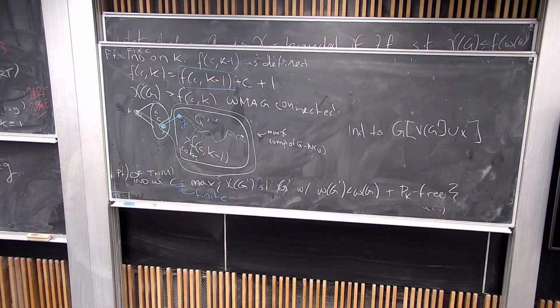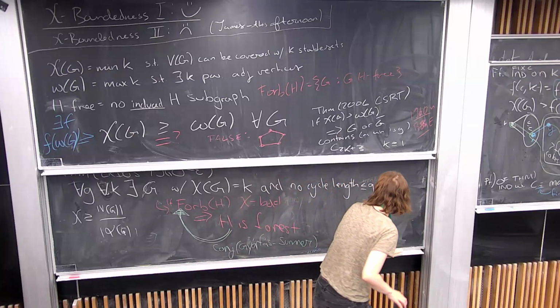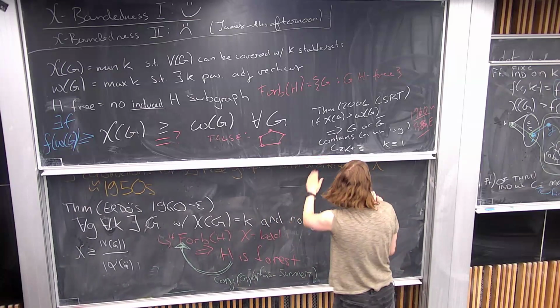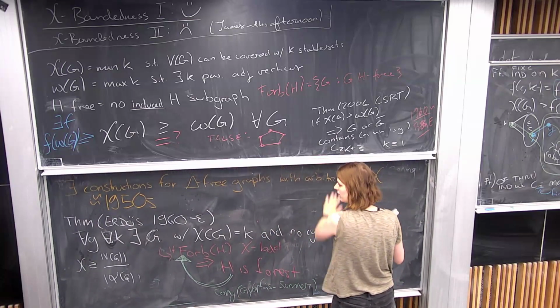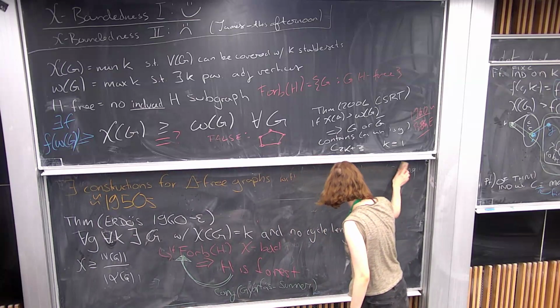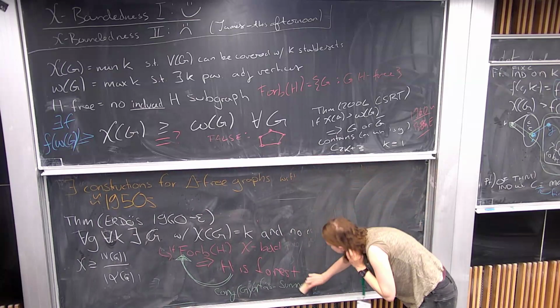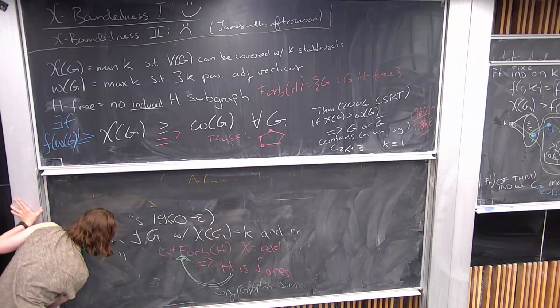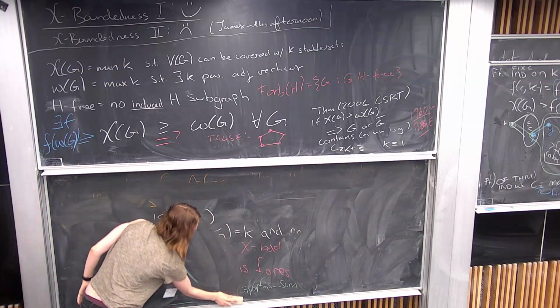Because I'm lazy, I'm going to give two more examples of the last cute things that exist in chi-boundedness, or at least in Gyárfás–Sumner, and then give you a short break to think about them.